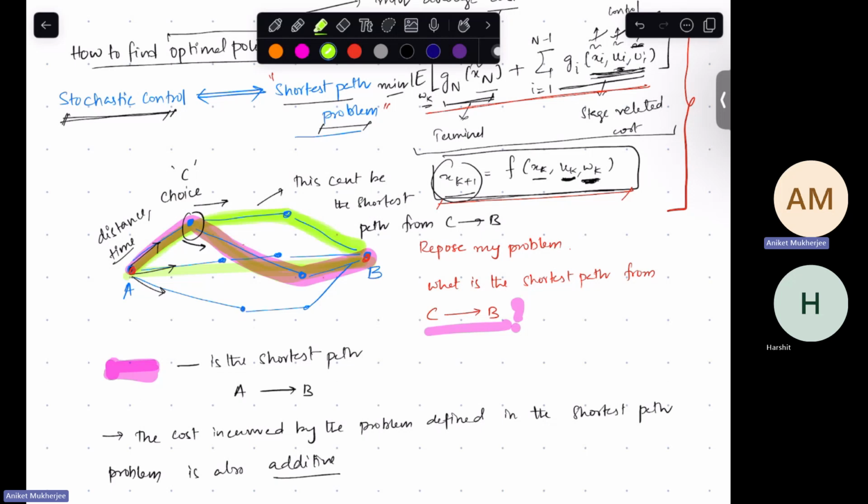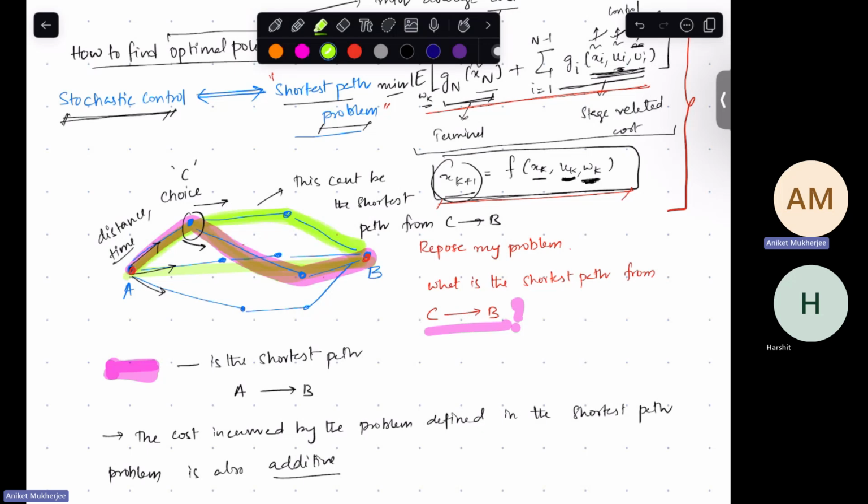And why is stochastic control similar to the shortest path problem? Because the shortest path problem also has the same thing. It has a fixed number of steps. You start at some point, you end at some point. You end at 10 steps. And each step you take a decision. That decision here in the shortest path problem is choosing a link. In the stochastic control problem, it could be more general.